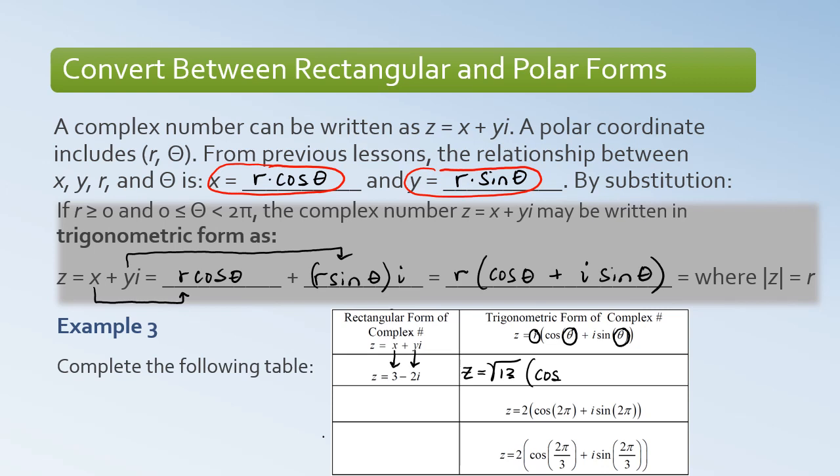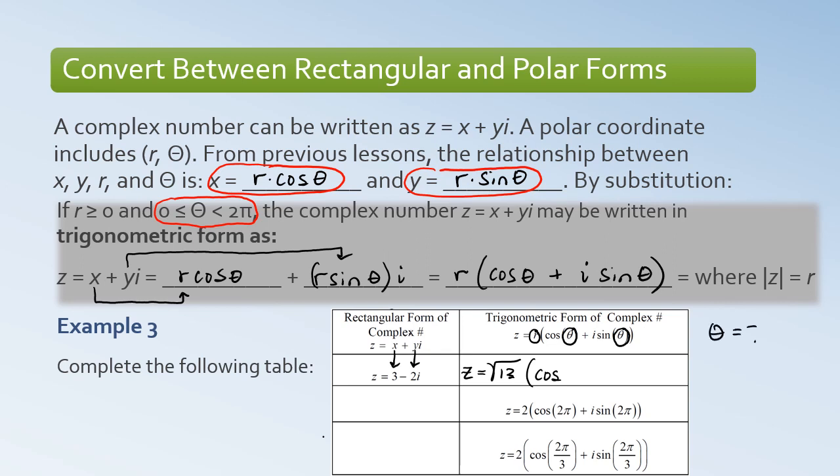Now, what was my theta? My theta from the previous slide was negative 0.588. And the reason you're not seeing me write that down is because negative 0.588 as an angle is not between 0 and 2 pi. So I need to rewrite it.